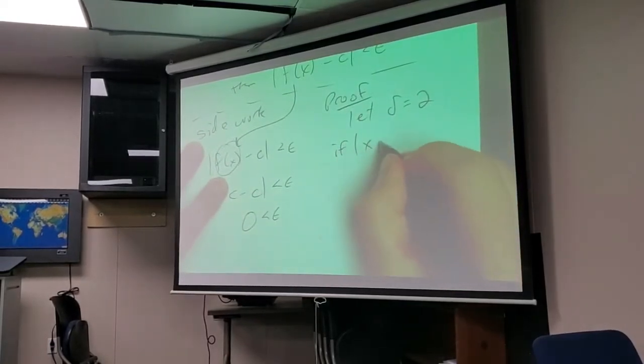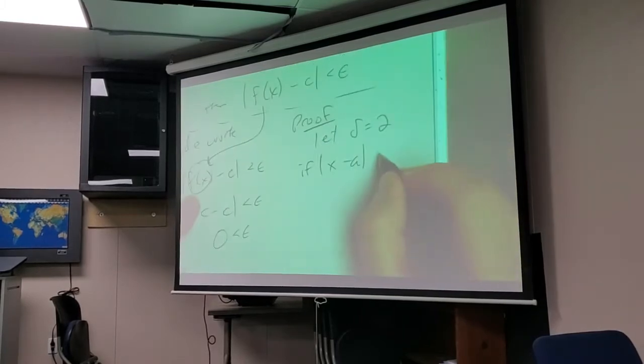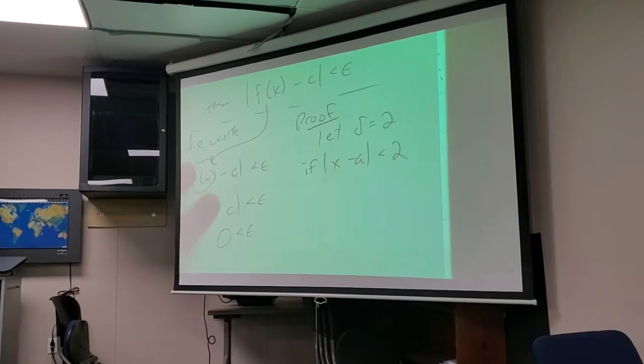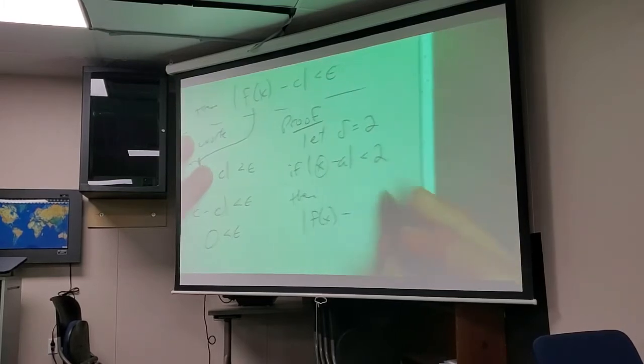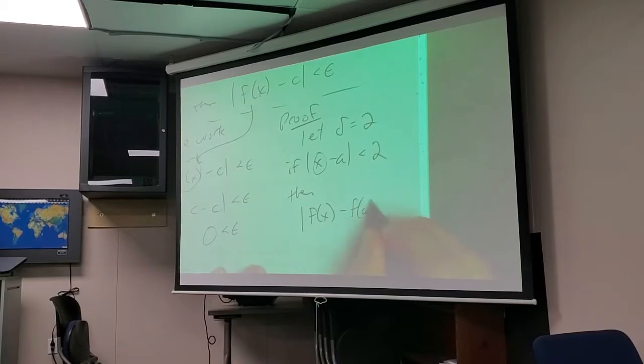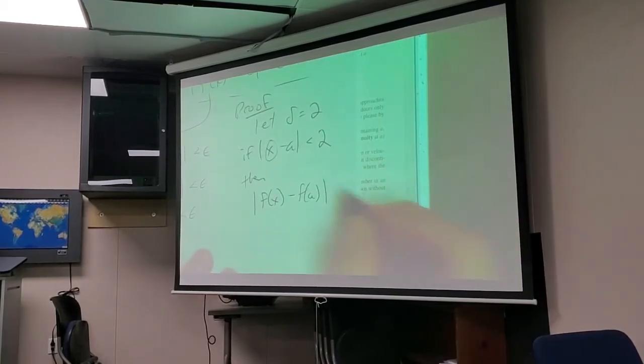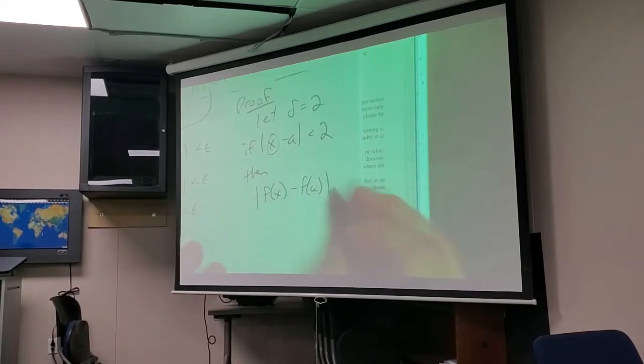If x minus a is less than 2, then what is f of a? What is f of a? How do I even want to do this now? C. All right, let me see.